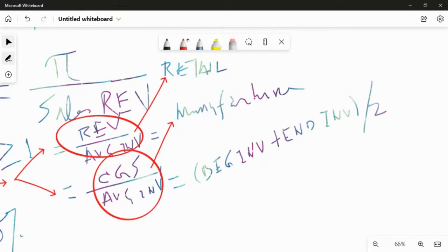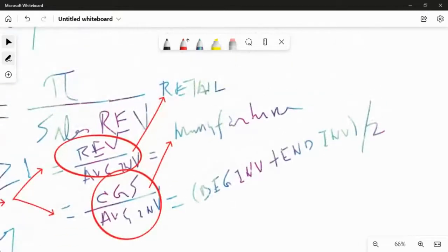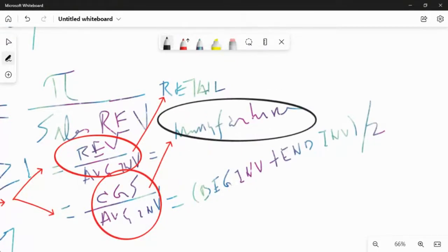So basically inventory is measured or valued in cost, right? In manufacturing, inventory is expressed in cost.